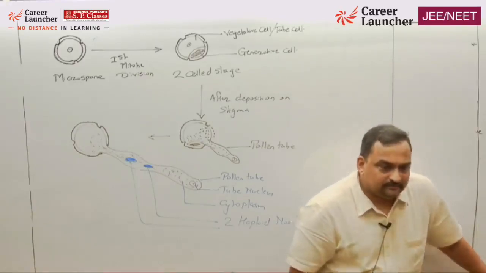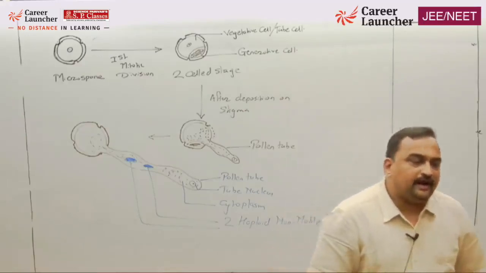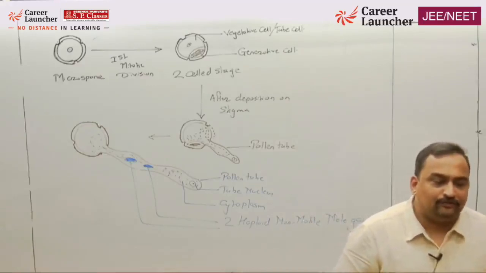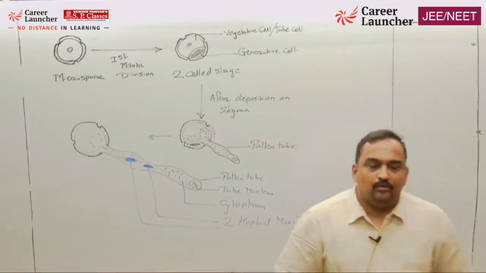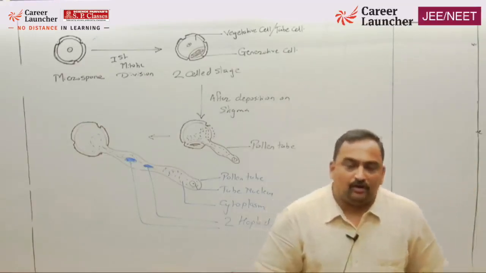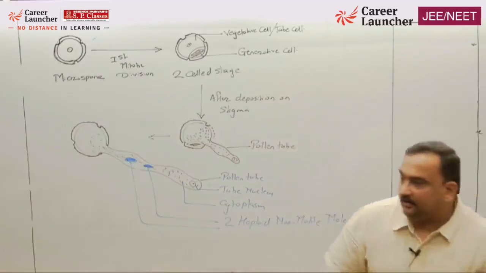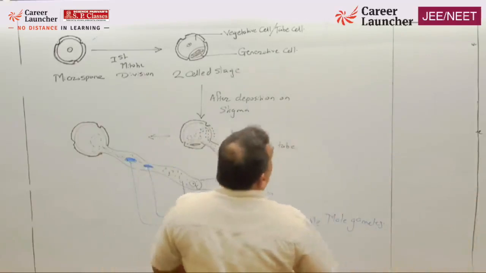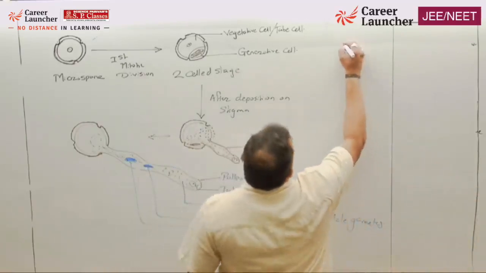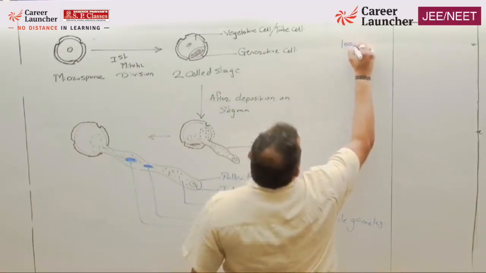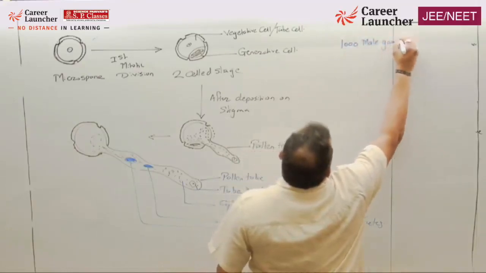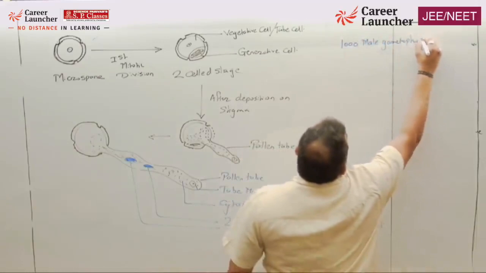Question number 1. How many meiotic and mitotic divisions are required for formation of 1000 male gametophyte?